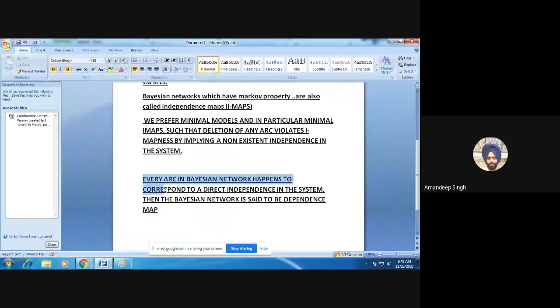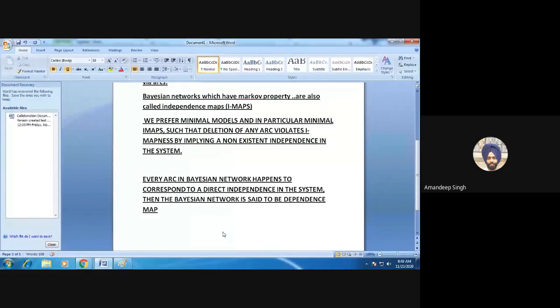In this portion, the Markov property is not holding. So we are considering both cases of Bayesian networks: the situations when I-maps exist in the Bayesian network, and also the Bayesian networks in which the direct correspondence is there between the nodes.